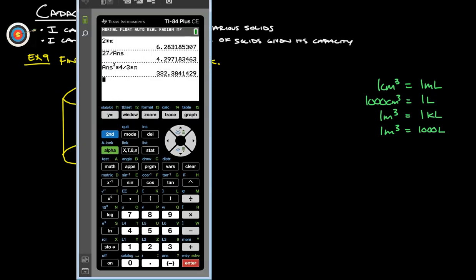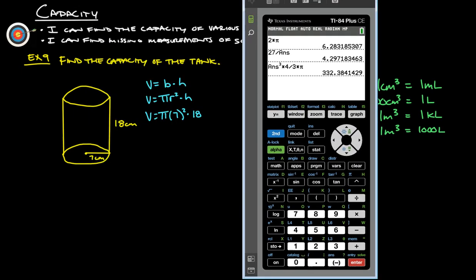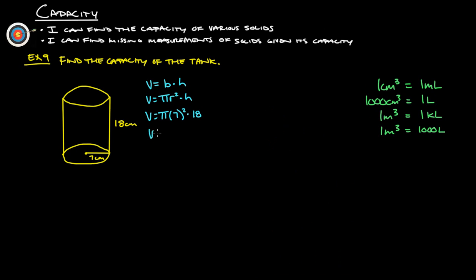Now we'll just put that into our handy dandy graphing calculator, and away we go. So we got pi times 7 squared times 18, and that gives us 2771 centimeters cubed.